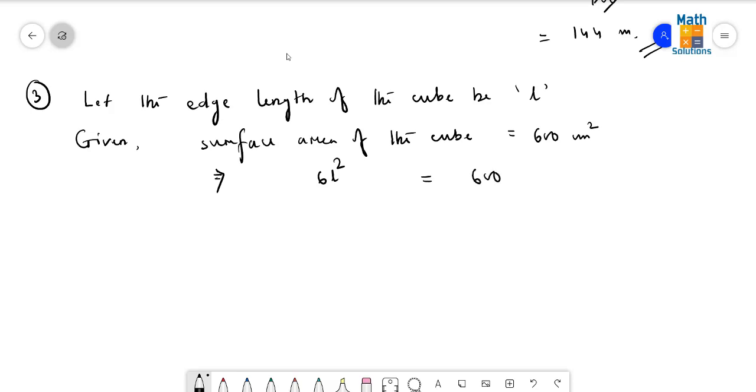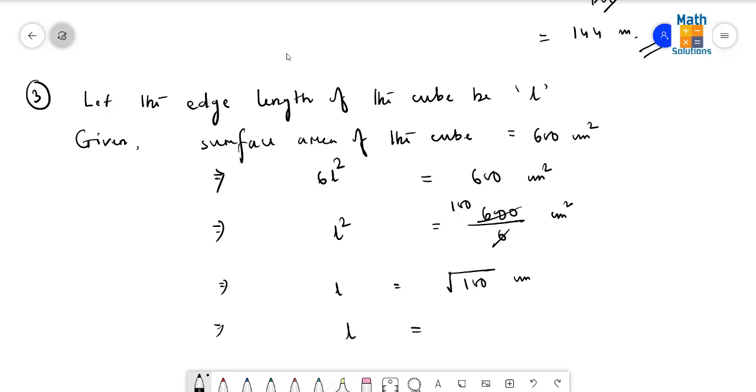So 600 centimeter square. So after this we shall be getting L square equals 600 divided by 6 centimeter square, on cancellation, this is 100. So after finding out square root of 100, we shall be getting the edge length to be 10 centimeters, and this is what we need to get.